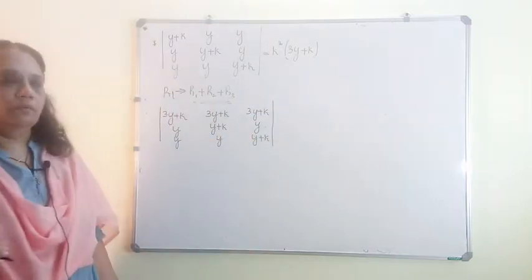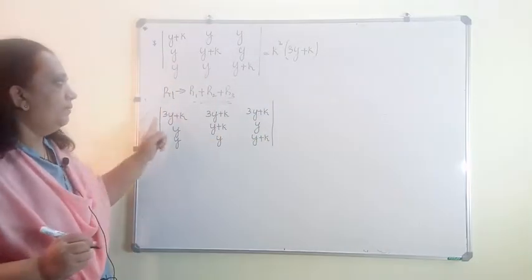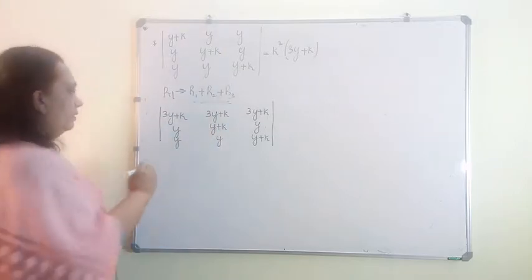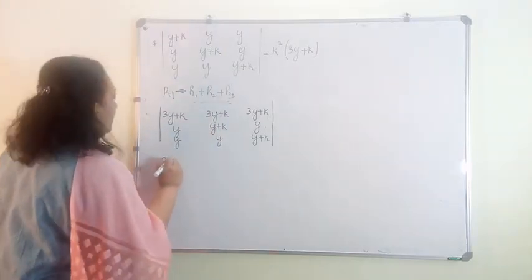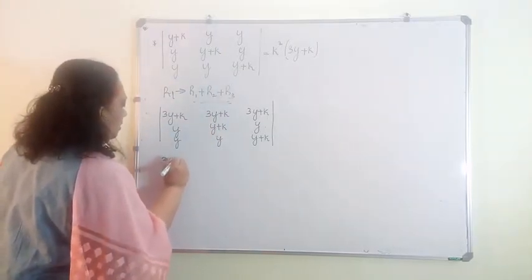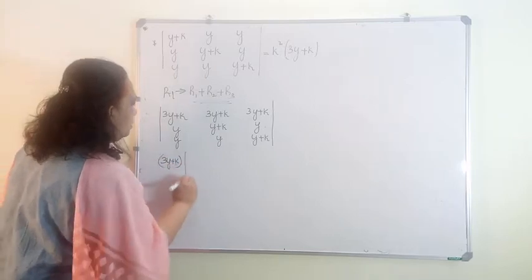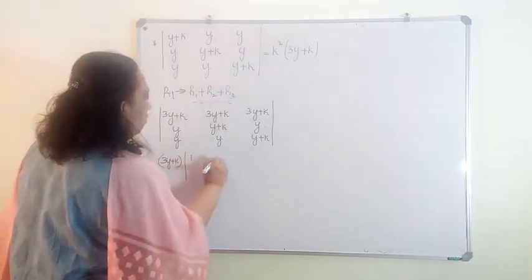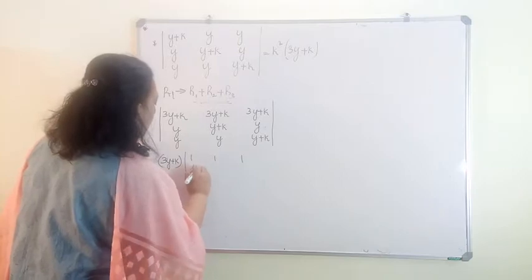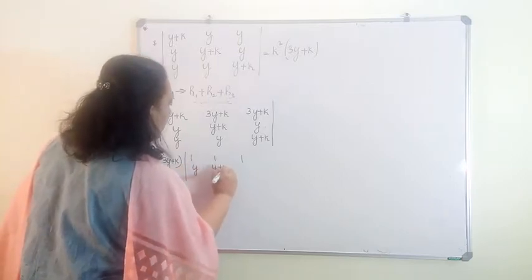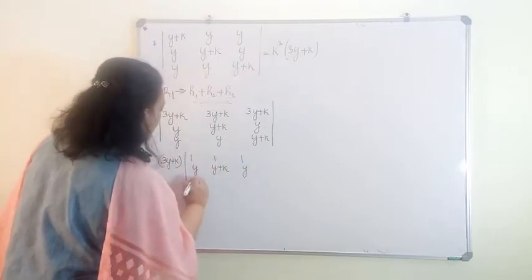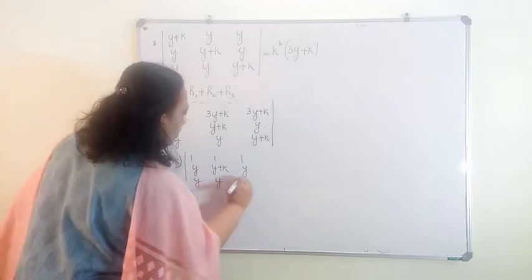Now, what do you see in this? The first row contains a common 3y plus k into determinant 1, 1, 1, y plus k, y plus k.